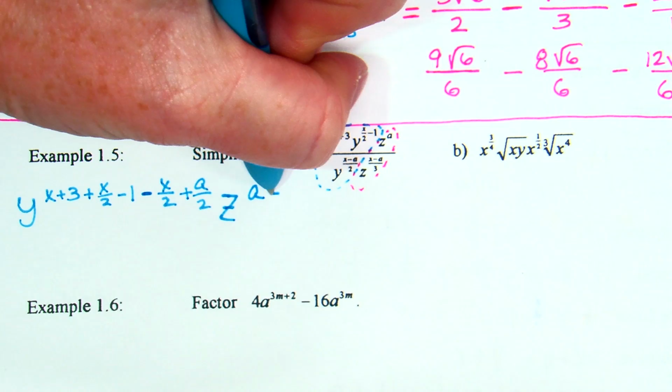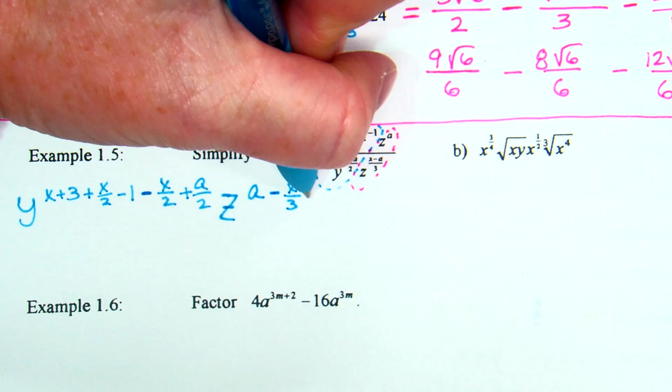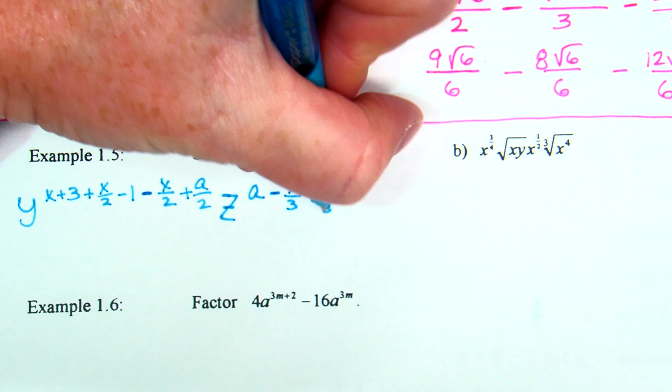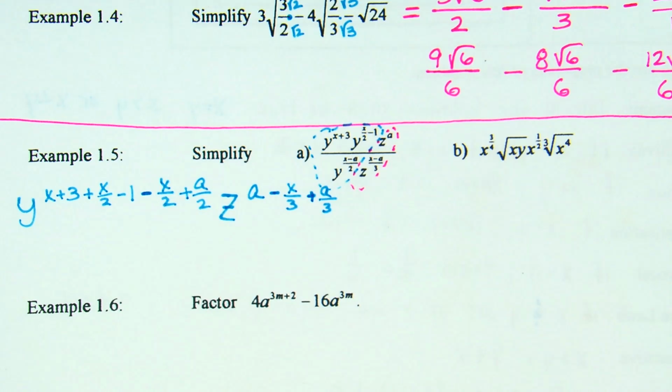Yep, we're going to subtract. It's going to be minus x over 3. And then it's really going to be minus negative a over 3, which really makes it plus a over 3. Okay, that is hard to tell, but there's a y and a z, and all the rest is exponents. Is that what you understand it to be?